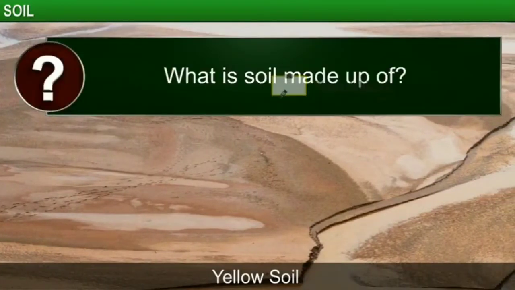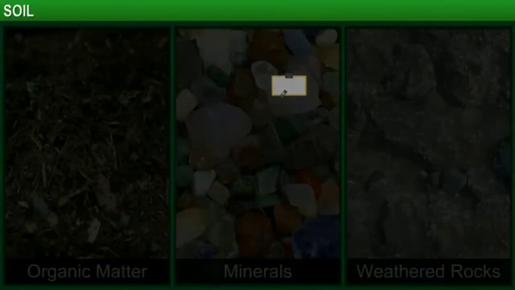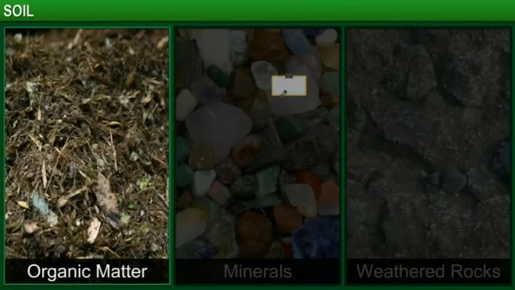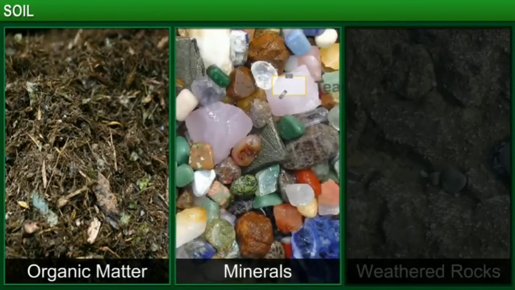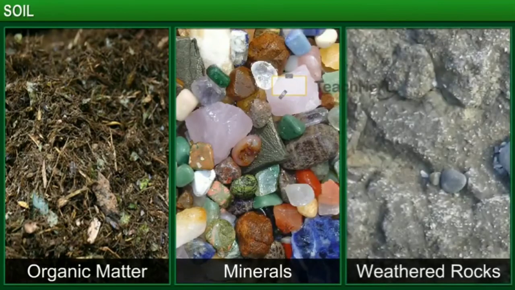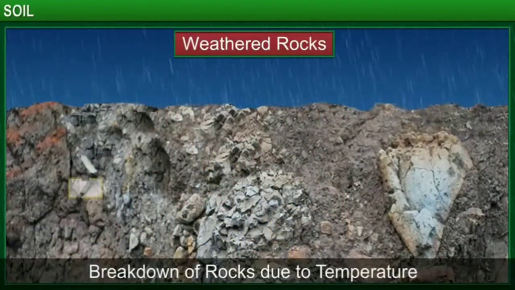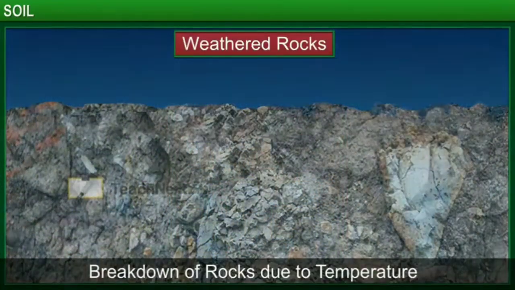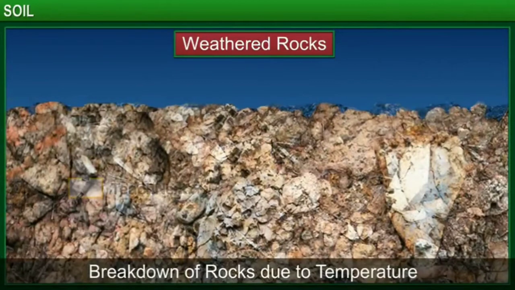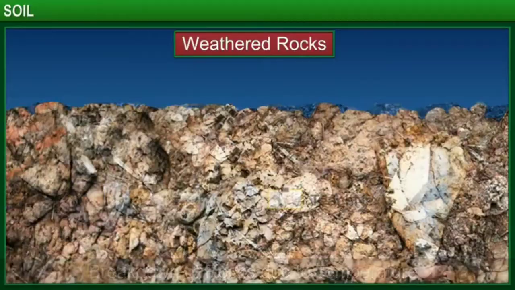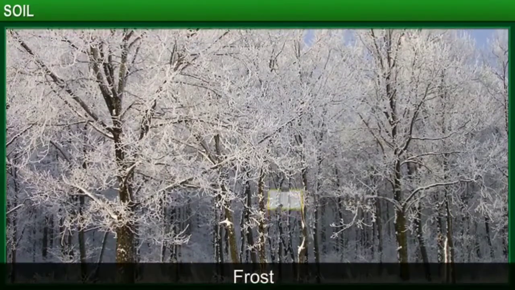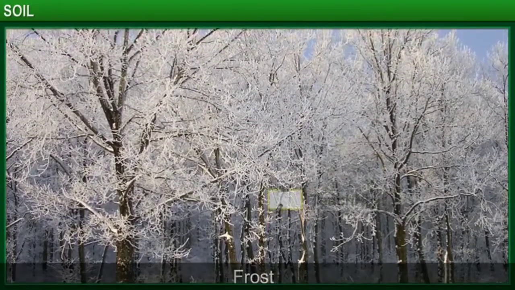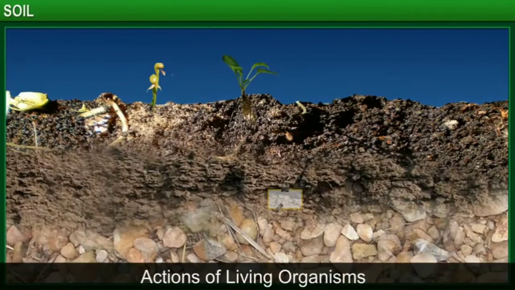What is soil made up of? Soil is made up of organic matter, minerals, and weathered rocks. Weathered rocks are a result of the breakdown and decay of rocks by changes in temperature, frost, and actions of living organisms.